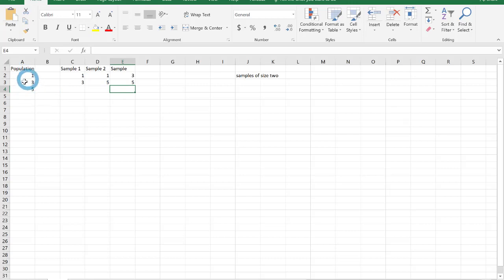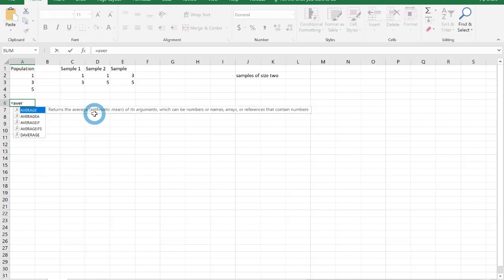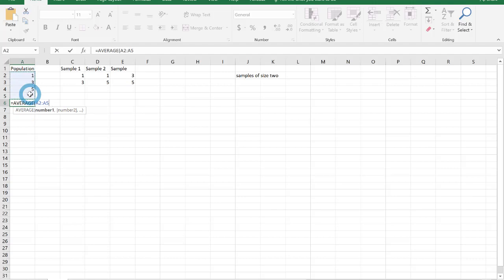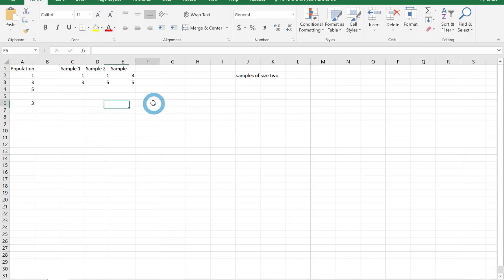So the population itself has its own descriptive statistics. Let's go ahead and just find the average of these. If I clicked average, I would just highlight the cells and I would get 3 as the average. Let me put the word average over here so we know.